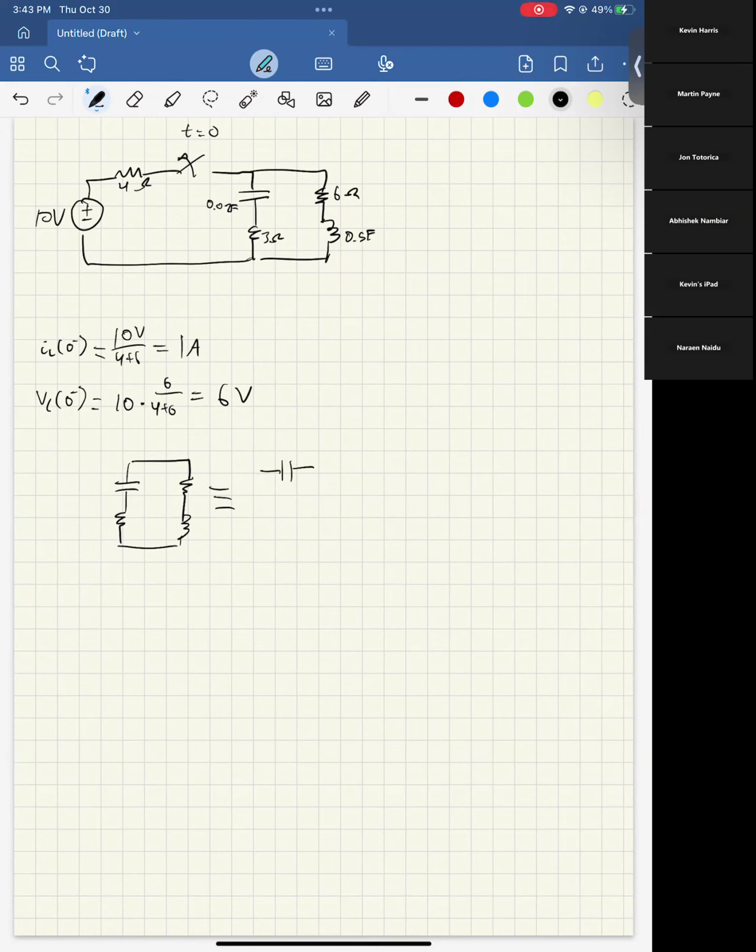So we have R, L, and C, and they're just connected like this, right? So it's going to be 6 plus 3 is 9. We have 0.02 farads, and we have 0.5. This is not farads, this is Henrys. Oopsies. What were the original numbers? 0.5 Henrys and 0.02 farads. Yeah, okay.